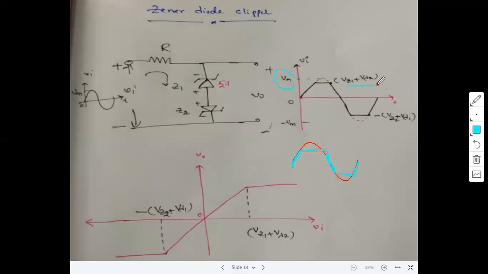For the Zener diode clipper circuit, you have to apply the peak input voltage in such a way that the input voltage is greater than Vz1 plus V gamma 2. Suppose this condition fails, output follows the input. Input is a sinusoidal wave, output is also a sinusoidal wave. Why? Because the Zener diode does not enter into the breakdown region. Simply it is an open circuit, so output follows the input.